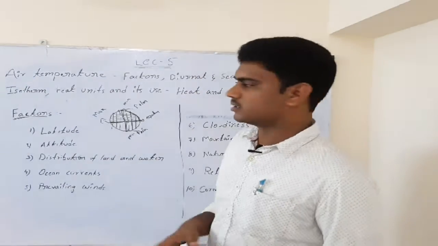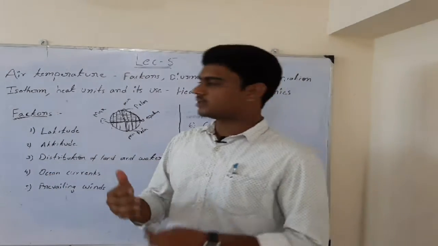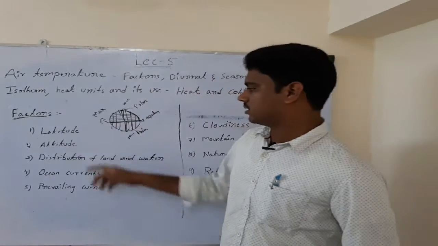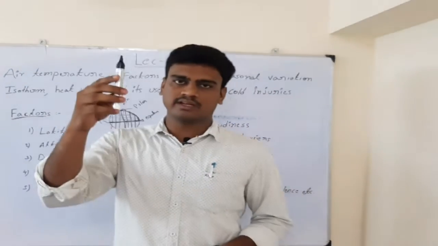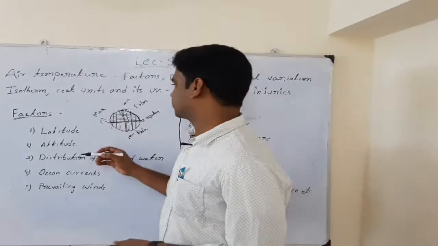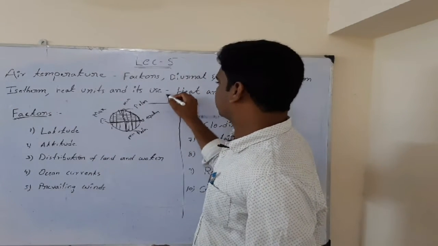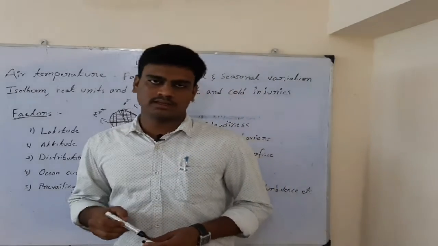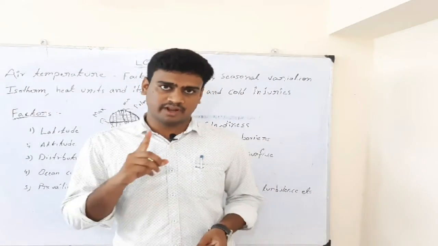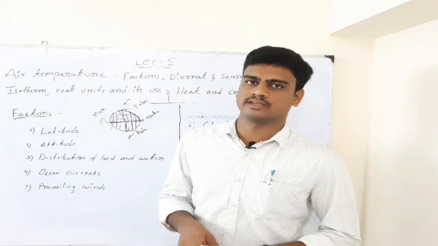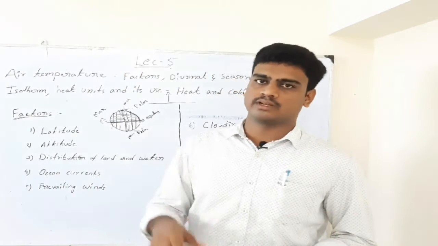At the equator region the temperature will be very high. As we go to the polar region, the temperature will come down. Then the next one is altitude. Altitude means the vertical height from the surface of the earth. The more we go to the height, the fall of temperature we can see. Already I said that for every 1 kilometer, a 6.5 degrees centigrade fall of temperature we can see vertically.